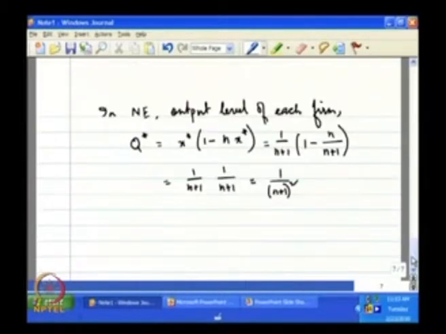So, this is the output level in the Nash equilibrium which each firm will be producing. This is the Nash equilibrium.